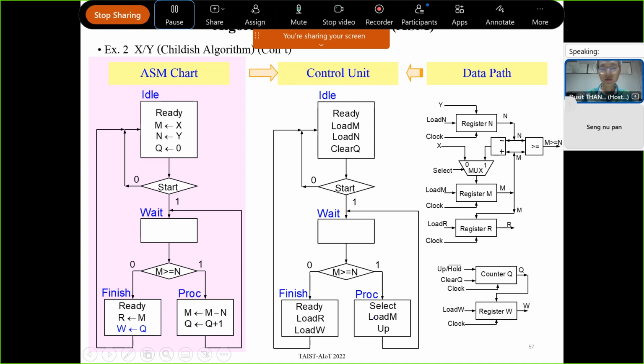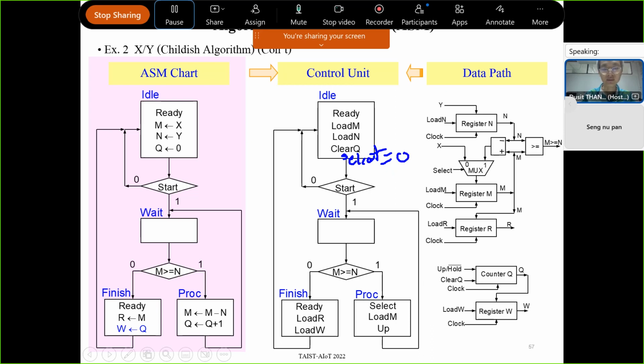For example, at state idle, the output ready becomes active, so it should be 1 here. And for M, get data from X. That means load M should be active, and the select signal should be 0.